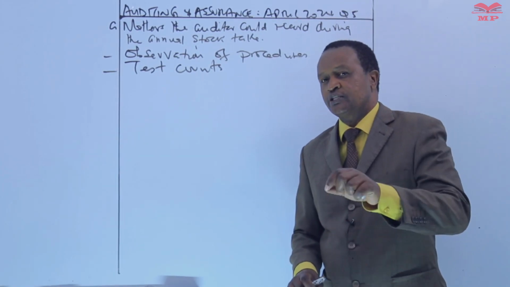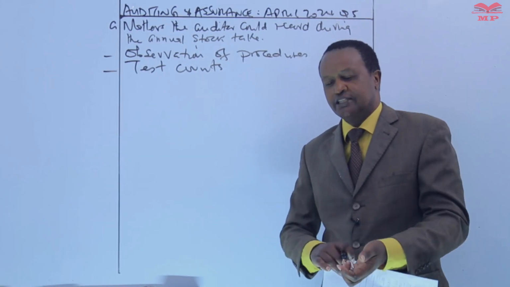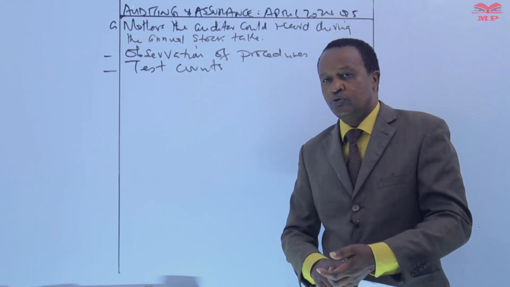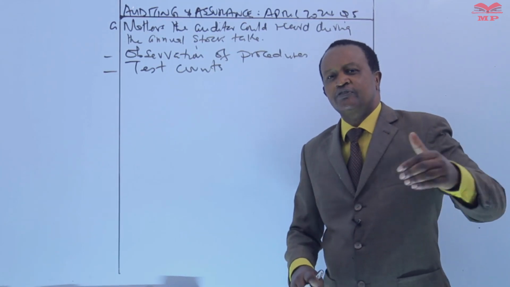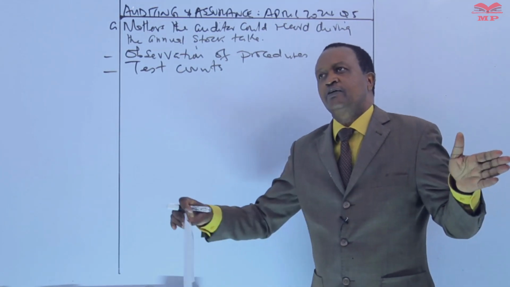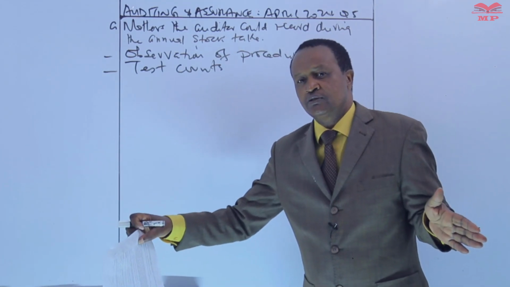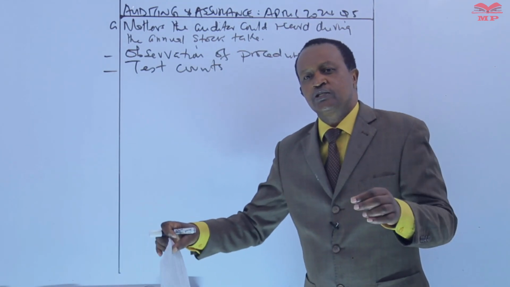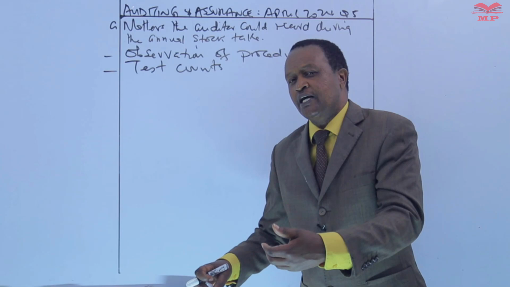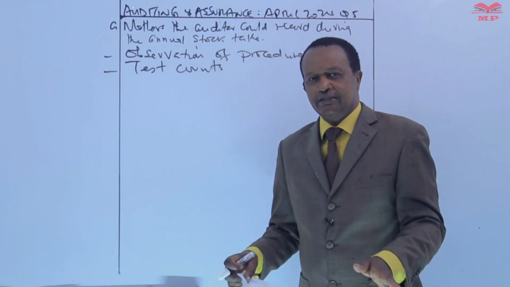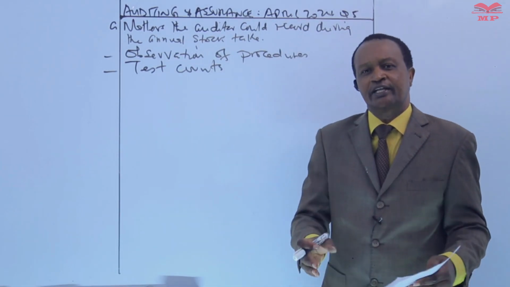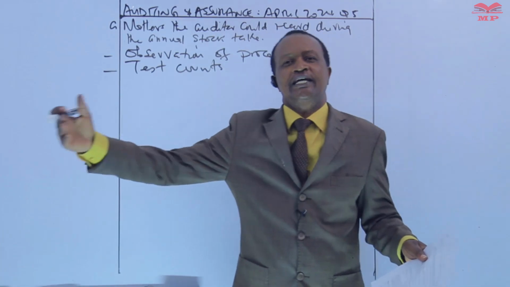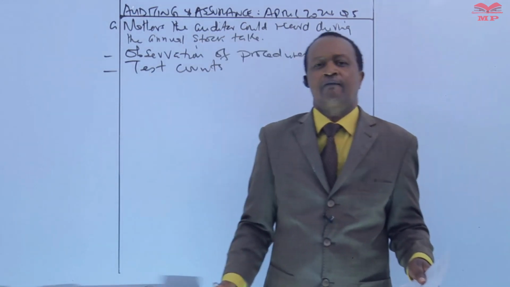So the auditor might select a sample of items from different areas of the warehouse. He should then record the quantity and description of each item and compare their count to the client's count.